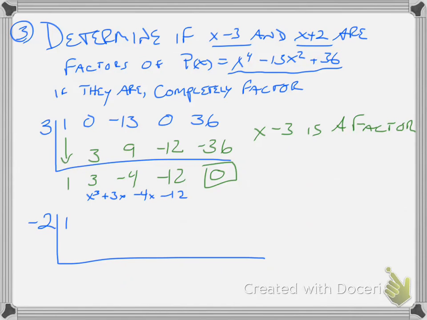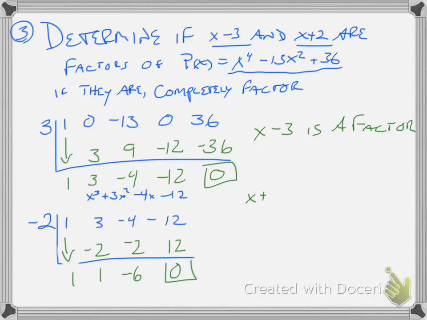So I have 1, positive 3, negative 4, negative 12, and there aren't any missing terms in that one. So I'm going to bring my 1 down, multiply with negative 2, add, that becomes positive 1, multiply with negative 2, add, that becomes negative 6, multiply with negative 2, that becomes positive 12, and they add up to 0, which means that x plus 2 is a factor as well.